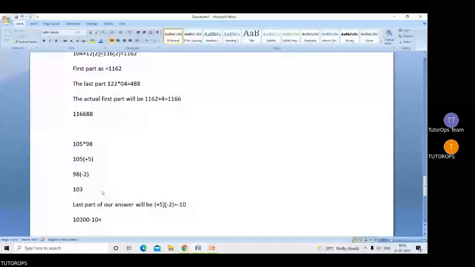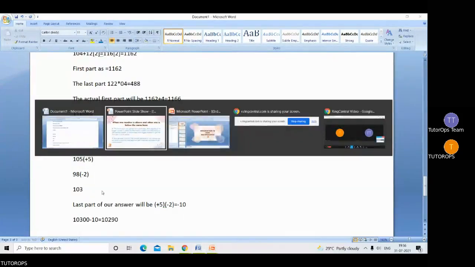But it will contain the first part that we have obtained from the cross addition or cross subtraction as the leading part. So 10300 will be the sub base and the result will be 10290. So in this way also I can do this method.